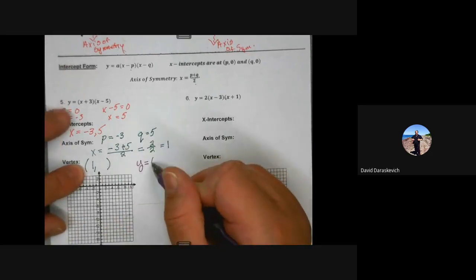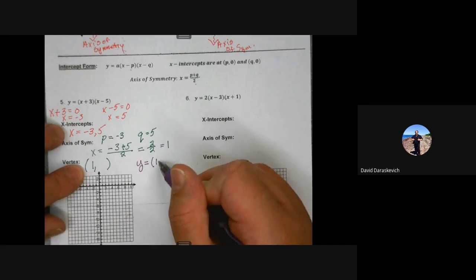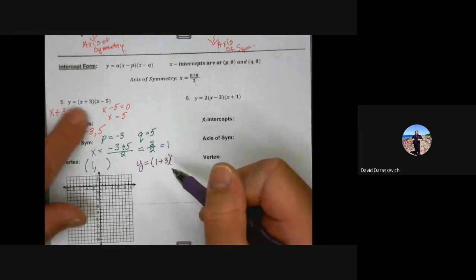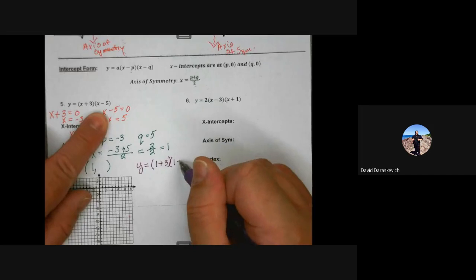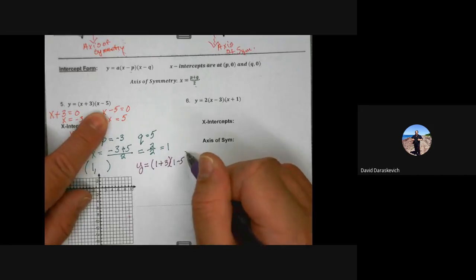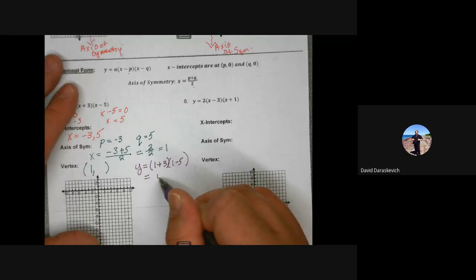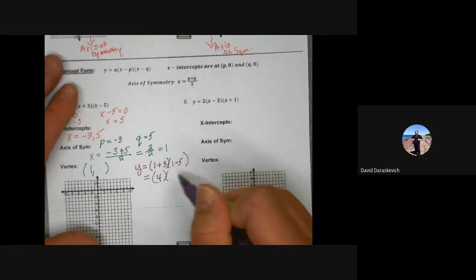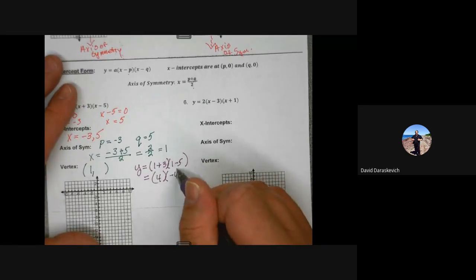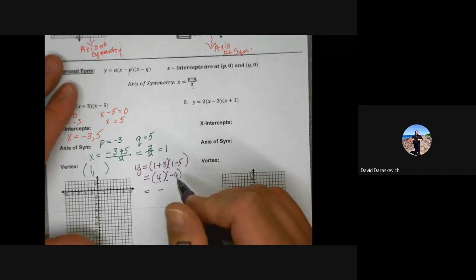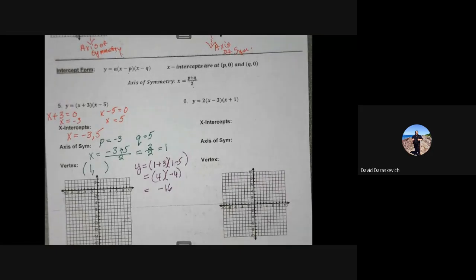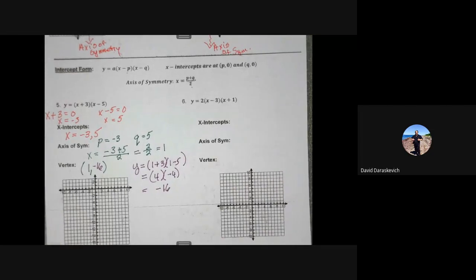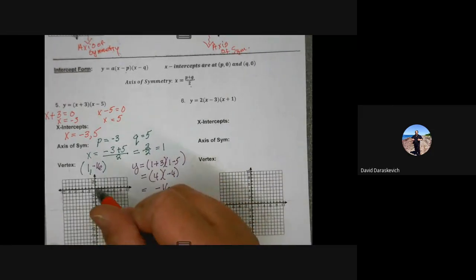So y equals x is 1 plus 3 times 1 minus 5, 4 times -4, or -16. Okay, so -16. So here's my vertex. 1 comma -16.